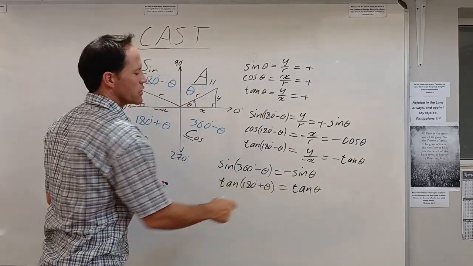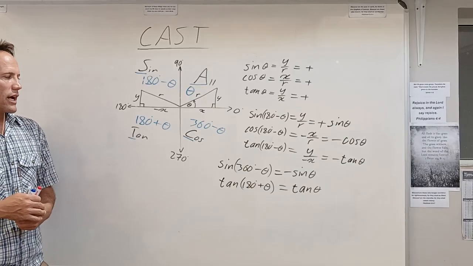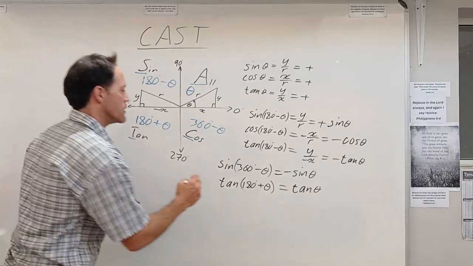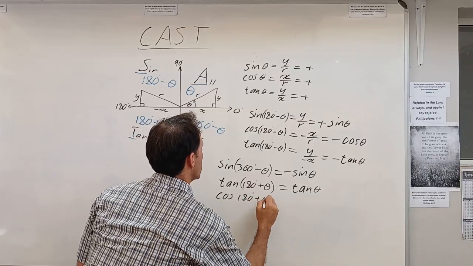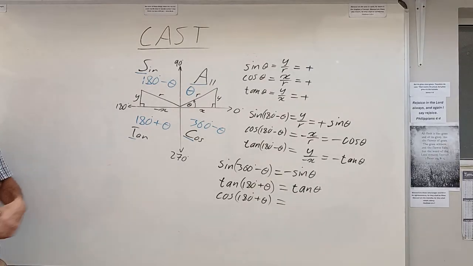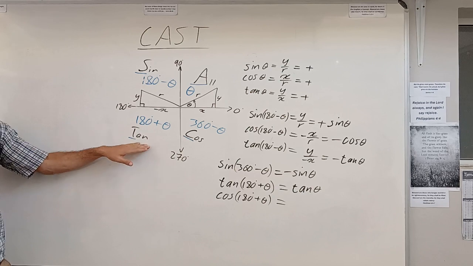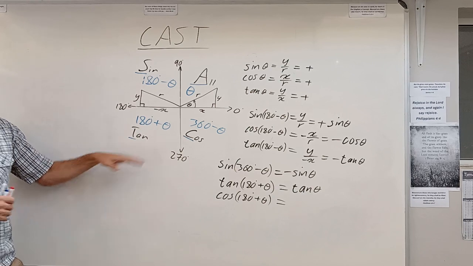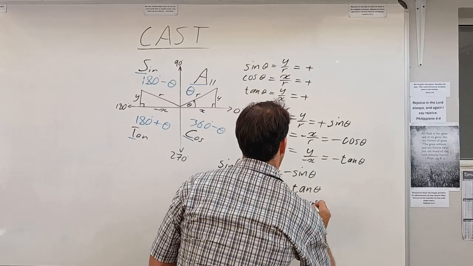You don't even have to put in the positive. It's obvious that it's positive when you don't put in anything. Okay, maybe one more. If I say cos 180 plus theta. What do you guys think? Cos 180 plus theta. 180 plus theta, third quadrant. Cos in the third quadrant? Negative. Because only tan is positive. So the answer would be negative cos theta.